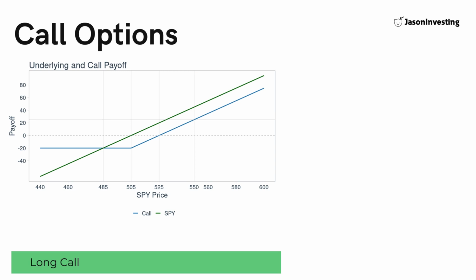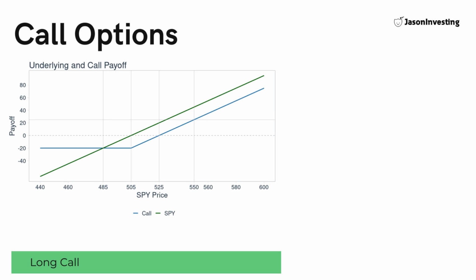In actual fact, if you look at the P&L when it's at 550, it should be around 45. It's not, because you still have to factor in the $20 premium, so your profit is actually 25.